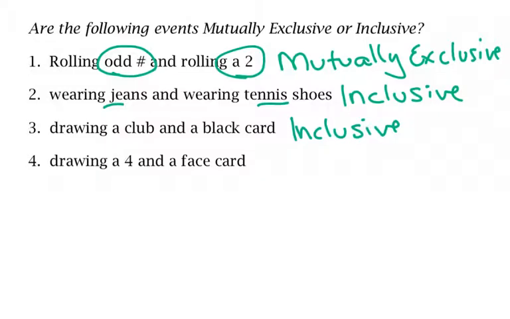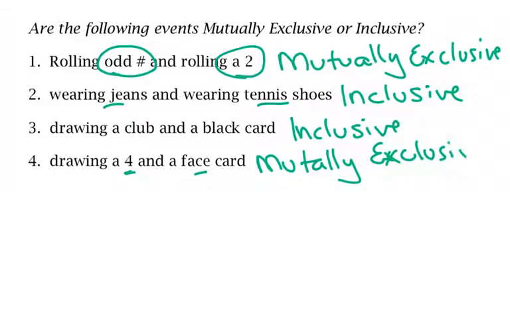And then the last one, I'm drawing a 4 and a face card. If you pull one card out of the deck, can it be a 4 and also a face card? Obviously that cannot happen because a 4 is not a face card. It's not possible to have that at the same time. Another example of mutually exclusive would be if you roll a 5 and a prime.